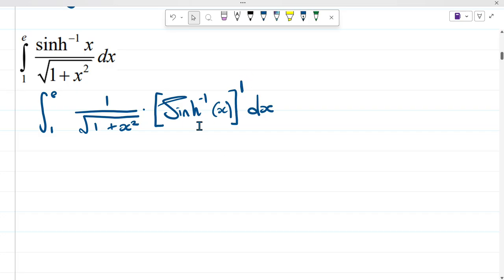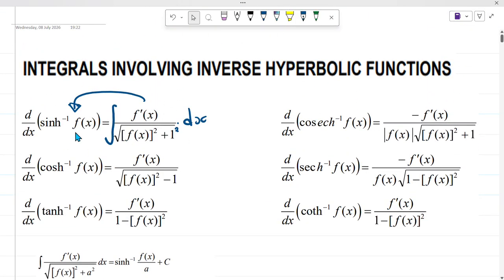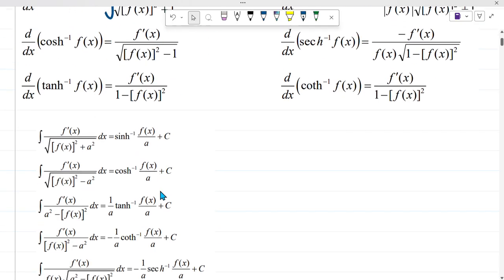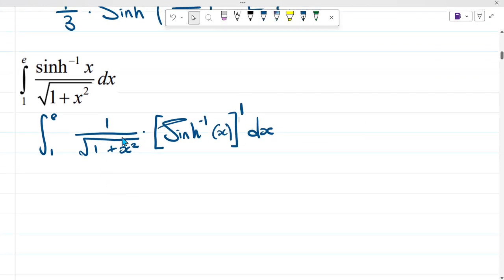So if I let this be my f of x, remember the formula for hyperbolic sine inverse is, let me go back, it's this first one. So when we differentiate this one, if here it's x, then here we're going to have the derivative of x, which definitely is going to be 1, and then here we're going to have x squared plus 1. So when we differentiate inverse hyperbolic sine, we're gonna have 1 over square root of x squared plus 1, which is exactly what we have here. So this is f of x and this is f prime of x.